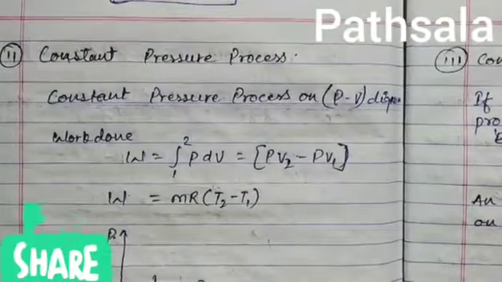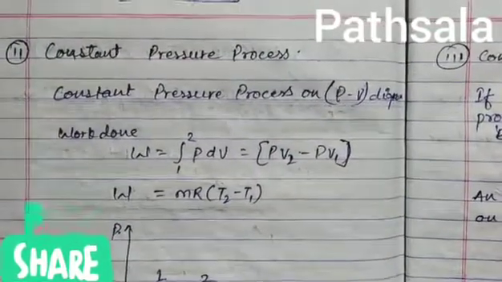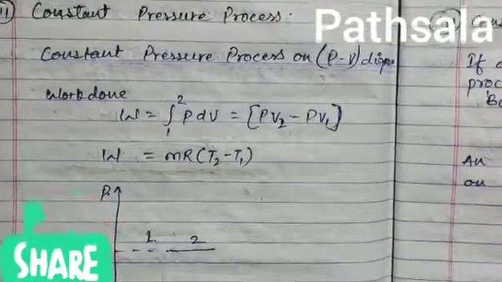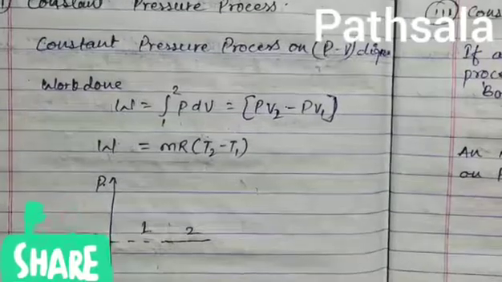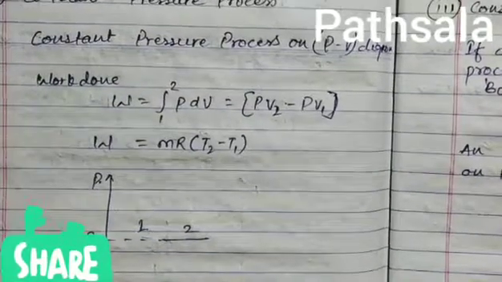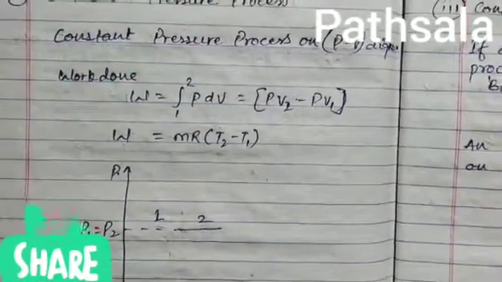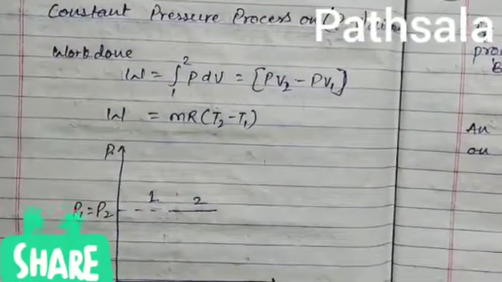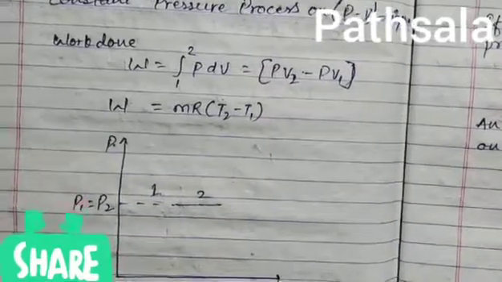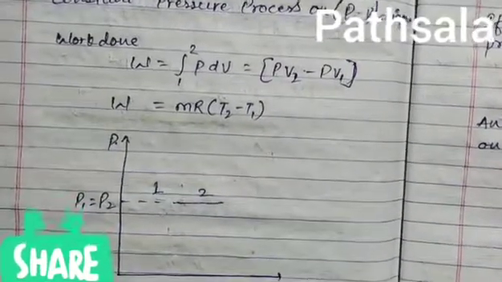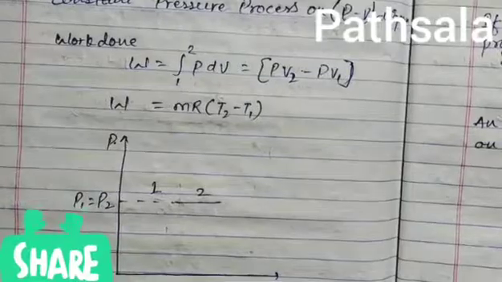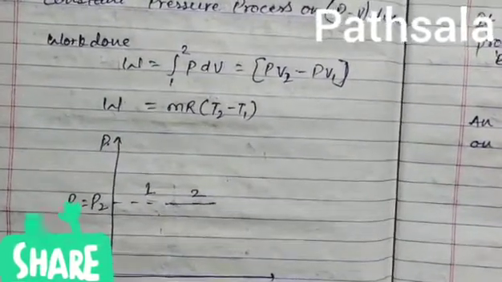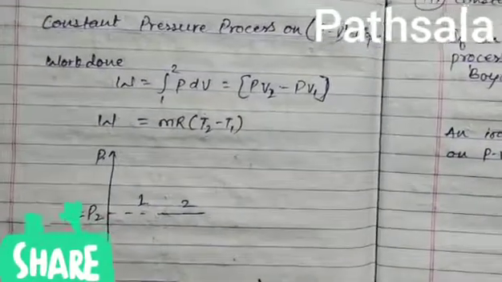Now the constant pressure process. In the constant pressure process on the PV diagram, as you can see, work done is equal to the integration of P dV from point 1 to 2. We get P V2 minus P V1. Here P is constant and dV is the variable, so the integration of dV is equal to V, integrated from 1 to 2.